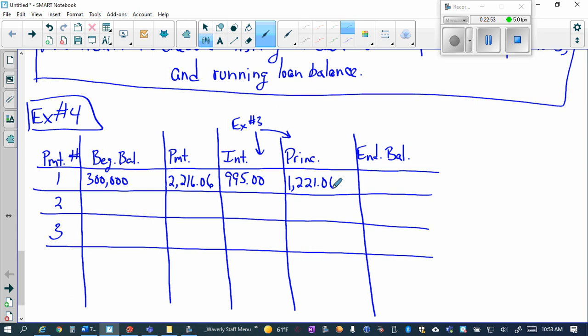And when we do that on our calculator, we end up getting $298,778.94. Okay? So after that first month, we've reduced our loan balance to that amount. And I'll put the calculation over here. It was just the $300,000 minus the principal portion, $1221.06.